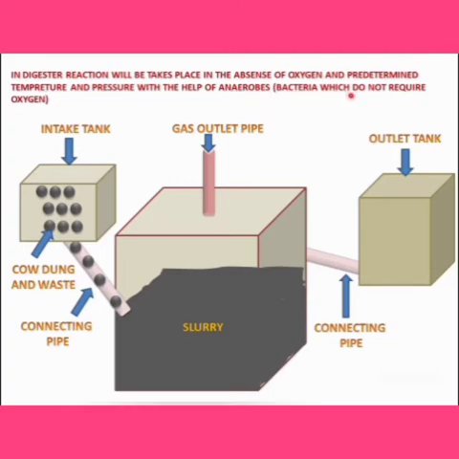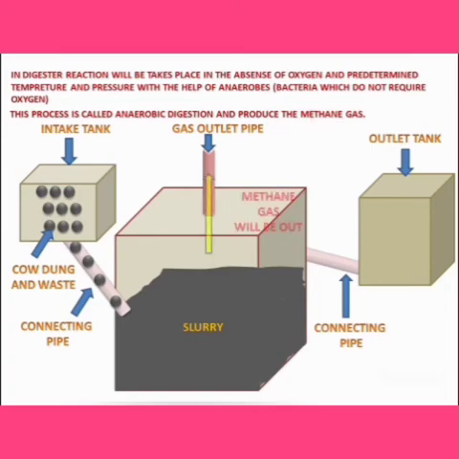It means in this slurry the process takes place in the absence of oxygen with the help of bacteria called anaerobic, and this anaerobic digestion produces methane gas. This methane gas is taken for home purposes. We use this methane gas for cooking.